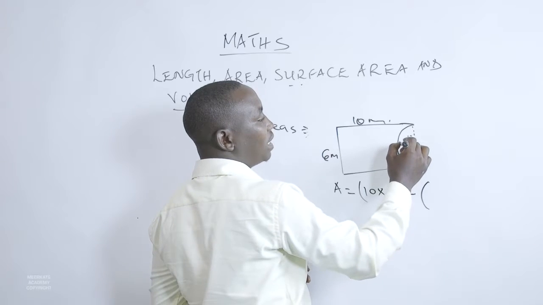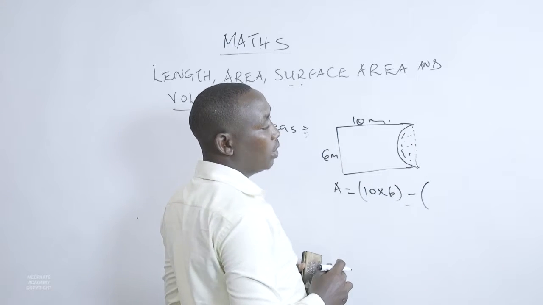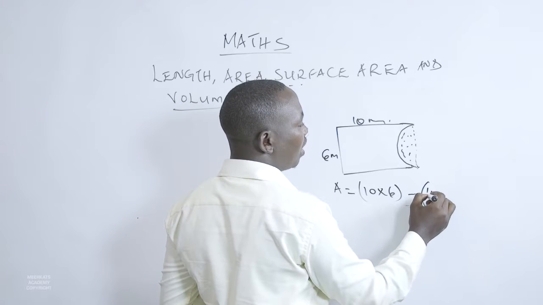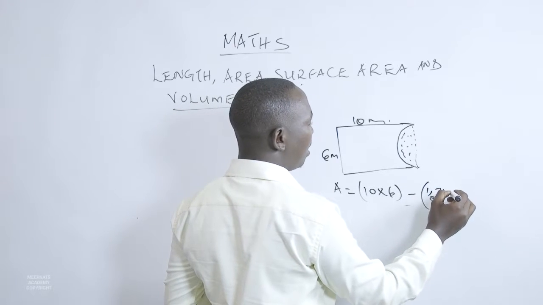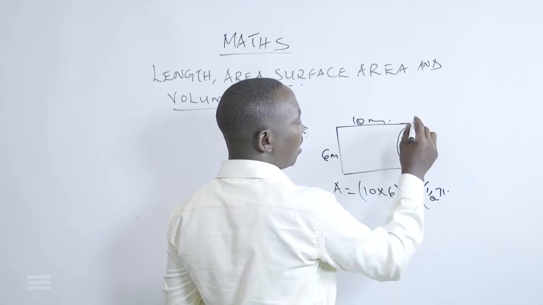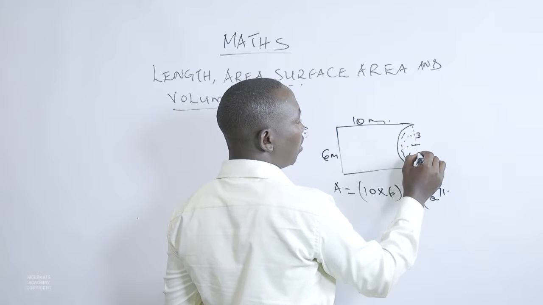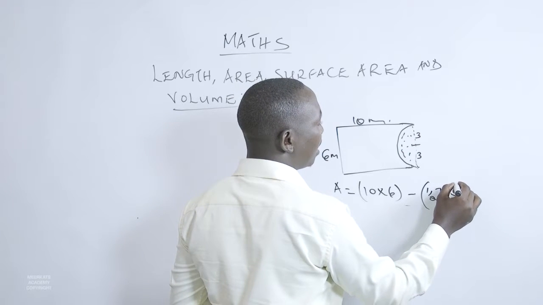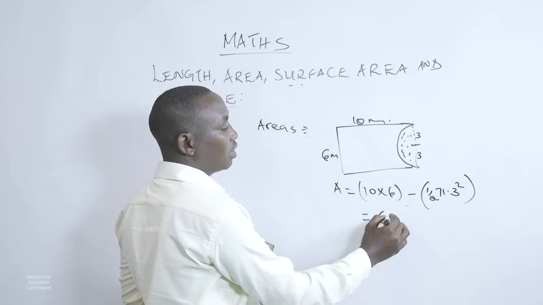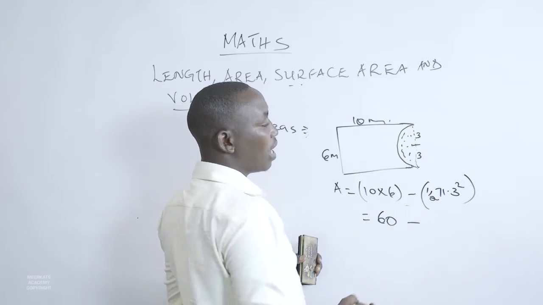We subtract this part here that is not included, which is in the shape of a half circle, which will be given by a half pi. Given that the diameter is 6, the radius will be 3 meters, multiplied by 3 squared. So this will give us 60 meters squared.